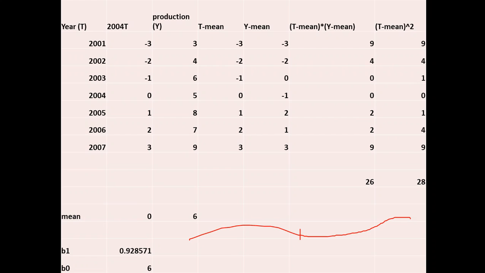Here 2004 is a base year, so we will put it 0. 2005, it is the next year, so it will be 1. 2003 is the previous year of the base year, so it will be -1, and so on.